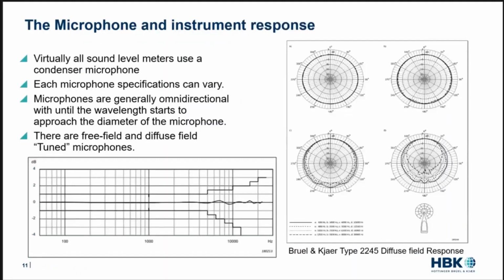Virtually all sound level meters use a condenser microphone from a nominal 1/4 inch to 1/2 inch diameter. These diameters allow measurements up to and beyond the 20 kilohertz frequency limits of human hearing.